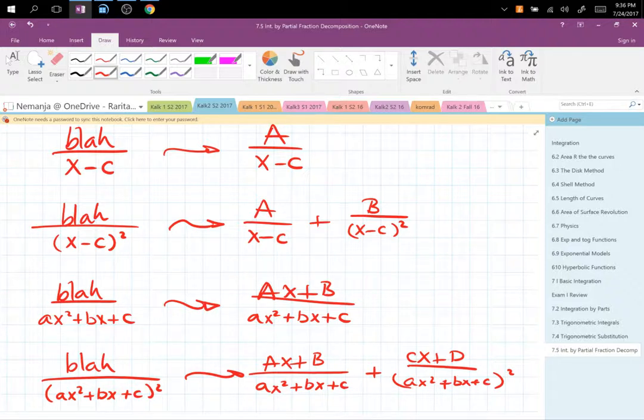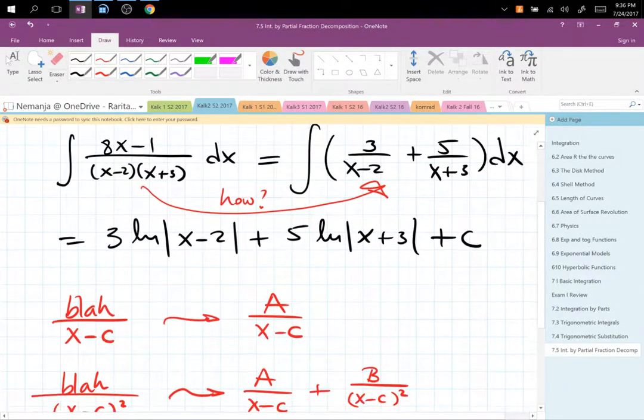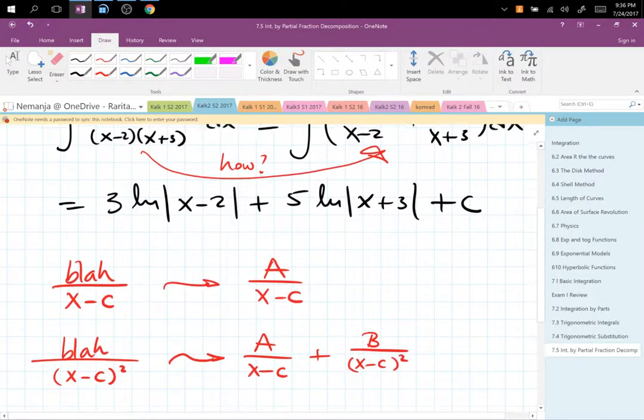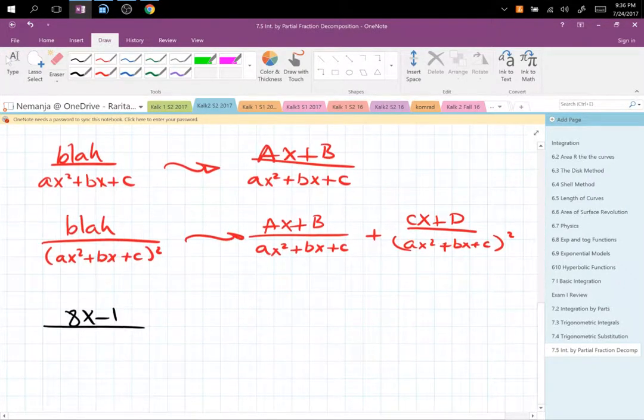Now, to use this is just a whole bunch of algebra. So let's take a look at it. I want to use the partial fraction decomposition on the (8x minus 1) divided by (x minus 2)(x plus 3). Your denominator might not be factored, so you will have to factor that.